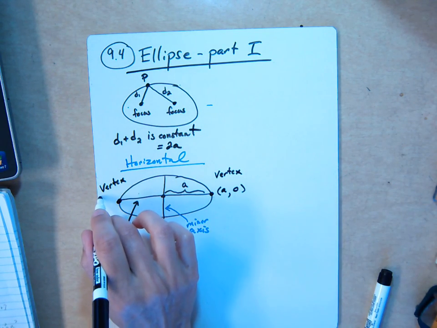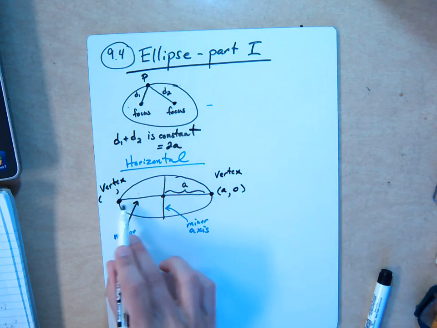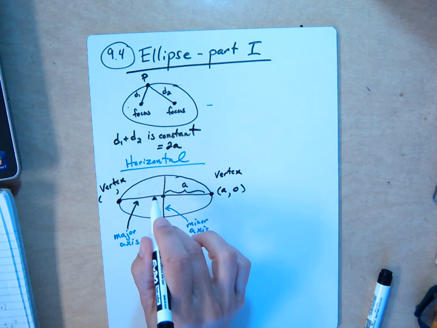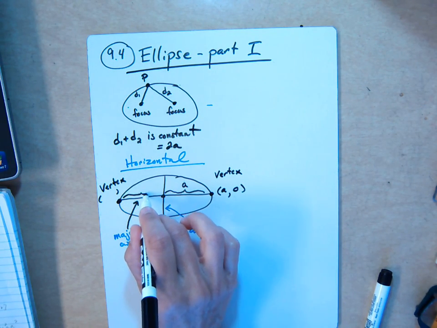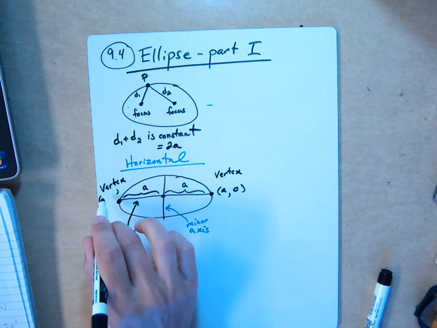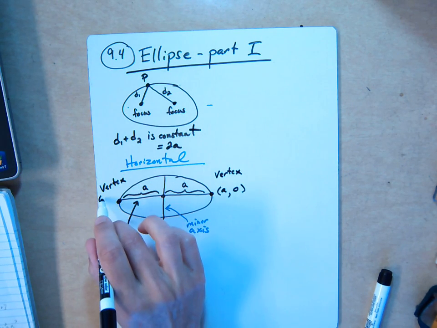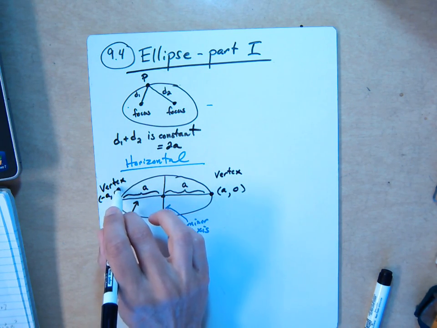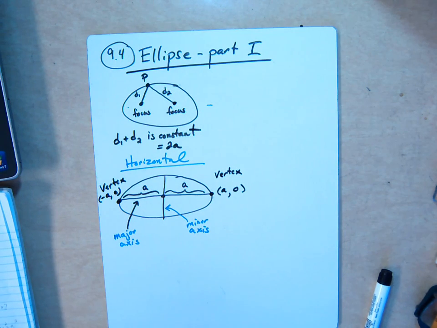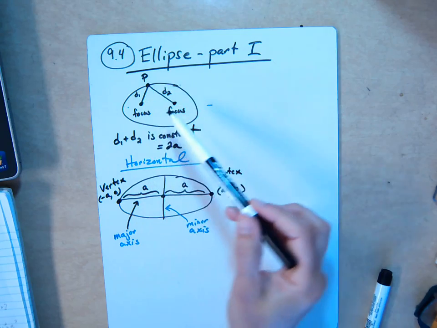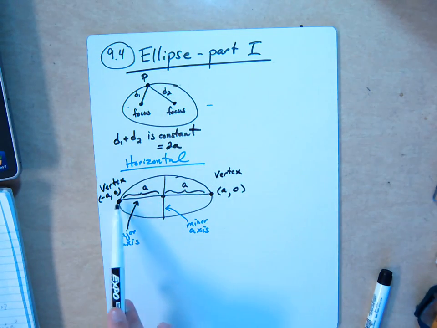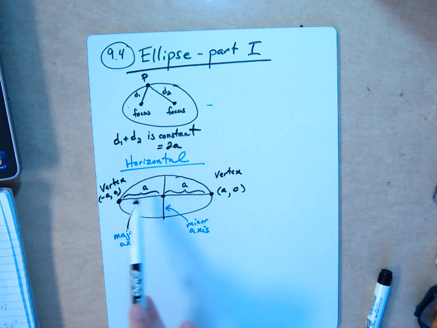And here it would be the same distance. What would it be? There you go, negative a, comma, 0. And remember the sum of D1 plus D2 is 2a all the way across.